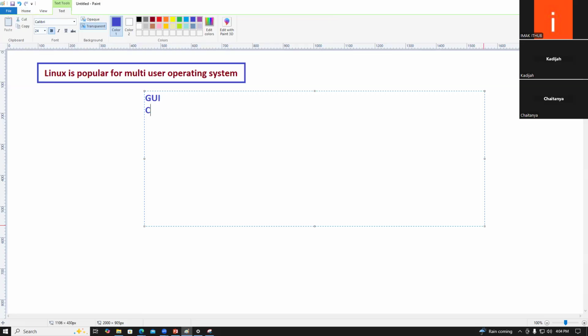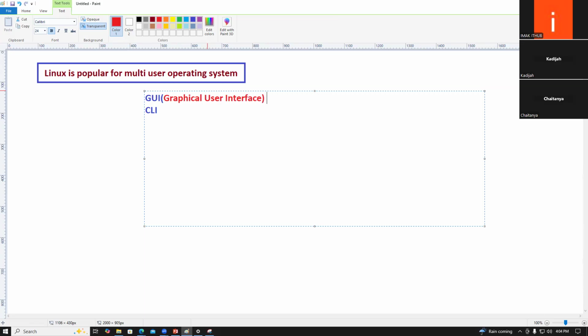Now we need to know GUI and CLI. What is GUI? Graphical user interface. Very good.